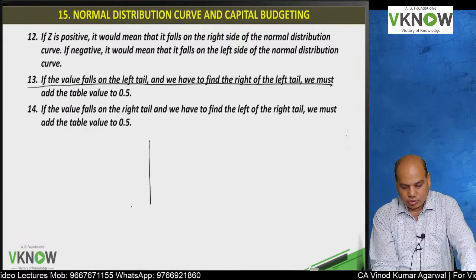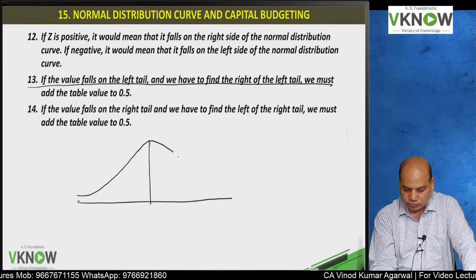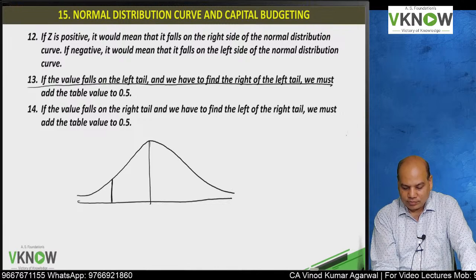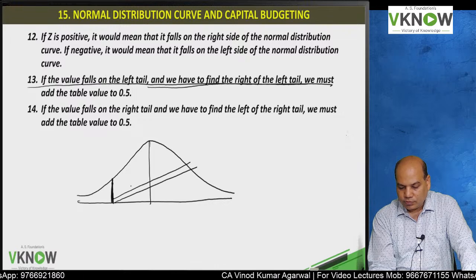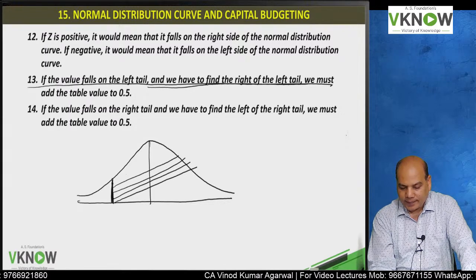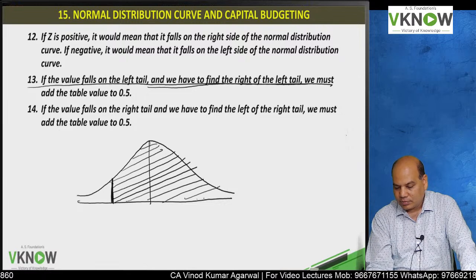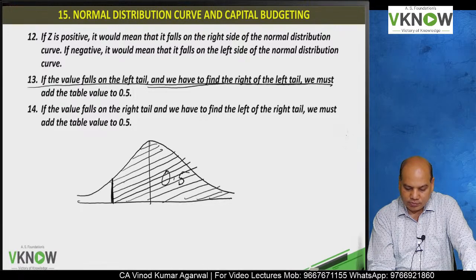Now you can draw one more diagram in your book. If the value falls on the left tail, suppose the value is here, and we have to find right of the left tail, we have to find this probability. What do I do? Area of right side of the mean is 0.5.